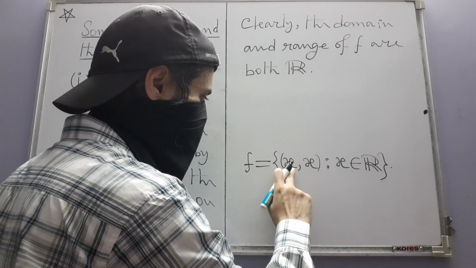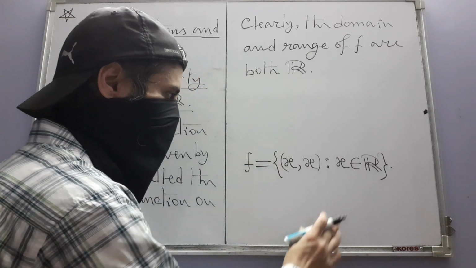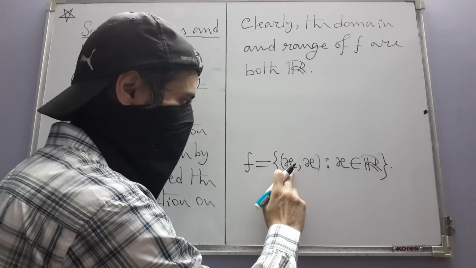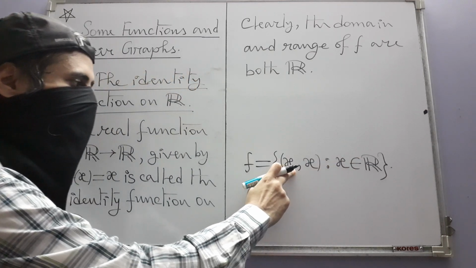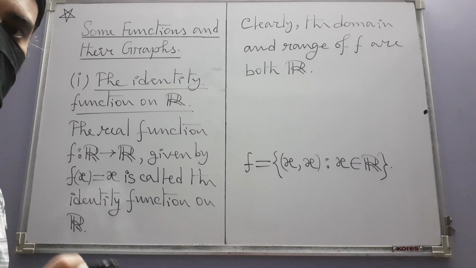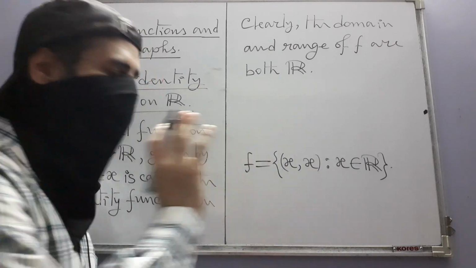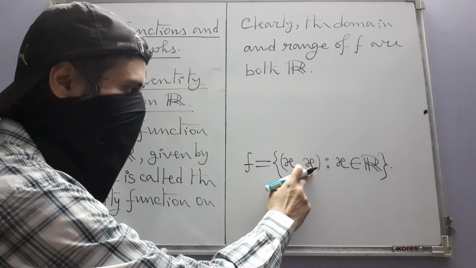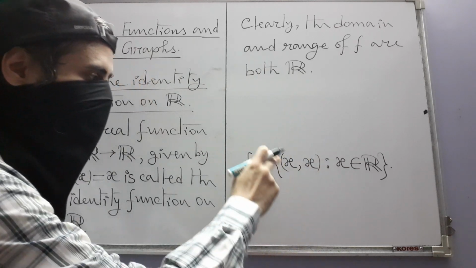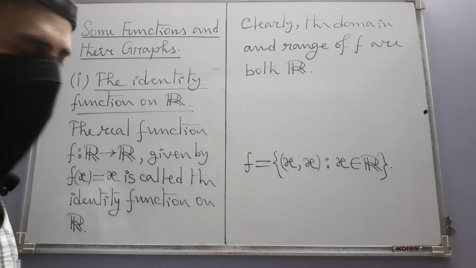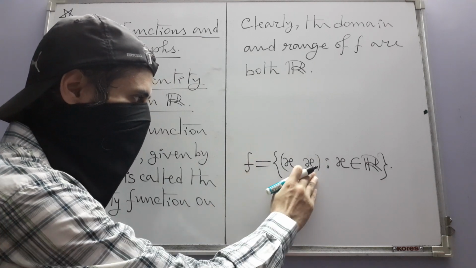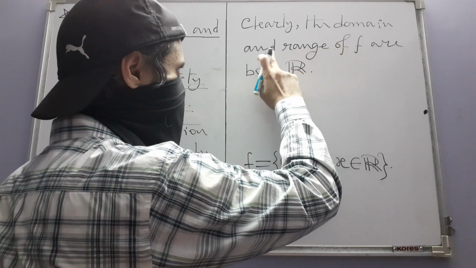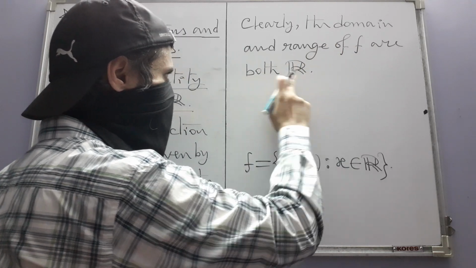So the set of all first coordinates is the domain, which in fact is just R because there is no restriction on which real numbers you can take as the first coordinate or first component of these ordered pairs. Any x you can take from R. Similarly, as second components of all these ordered pairs in F, all the real numbers appear. That's why both the domain as well as the range of F are R.